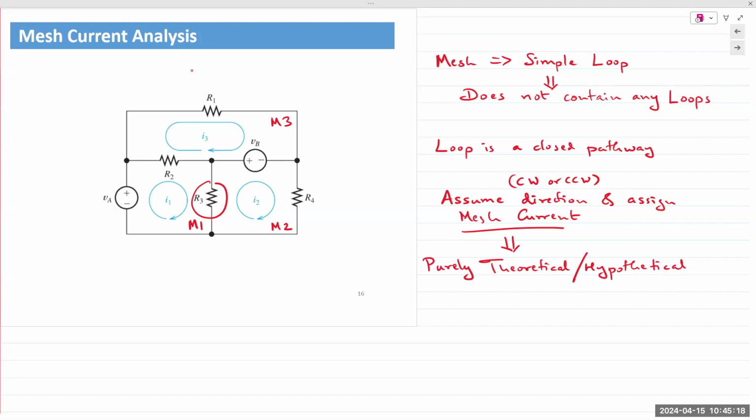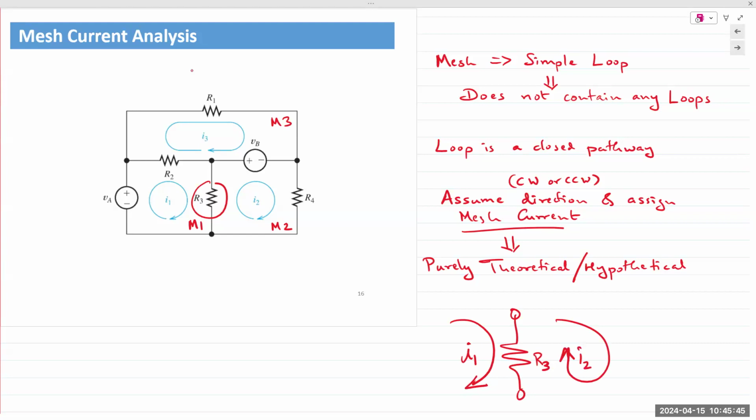But there is no physical basis for 2 currents to flow in the same circuit. So if I look at just R3, what do we see? R3 again is a shared branch. You have I1 coming from the top, and you have I2 coming from the bottom, which is physically impossible.